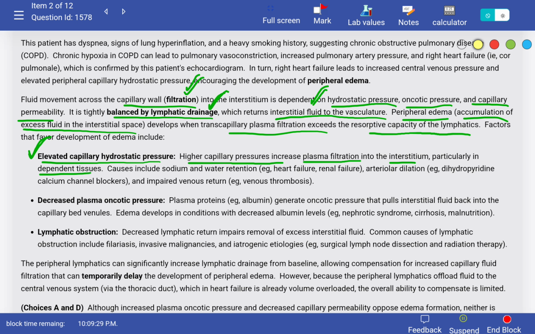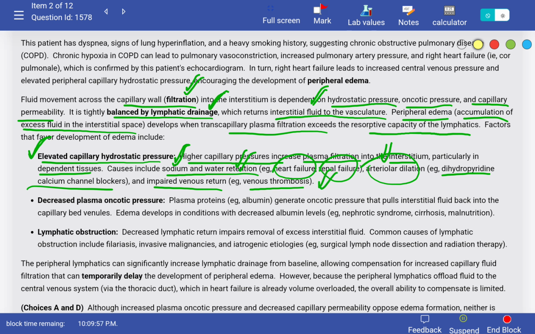Causes include sodium and water retention, for example, in heart failure and in renal failure, and arteriolar dilation, for example, dihydropyridine calcium channel blockers, and impaired venous return, for example, venous thrombosis.